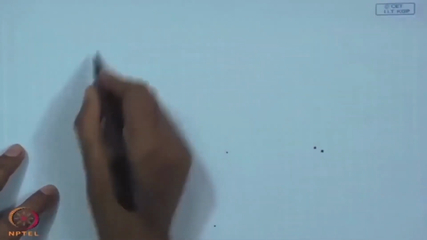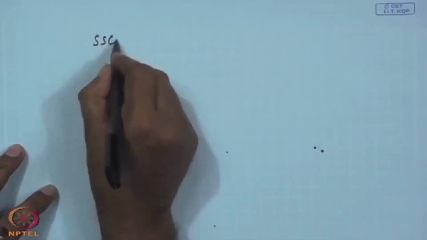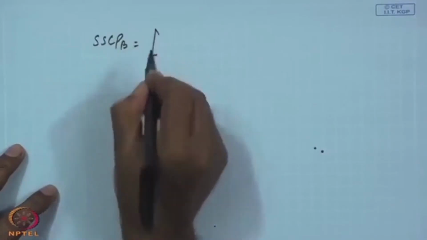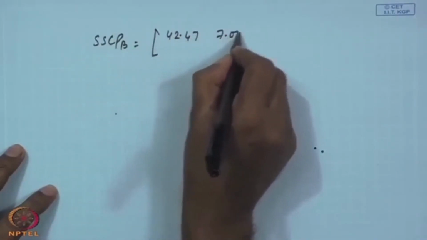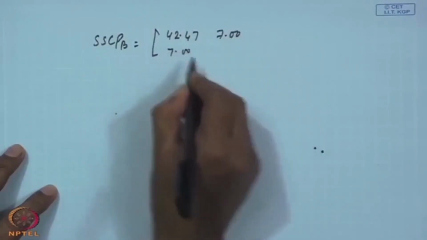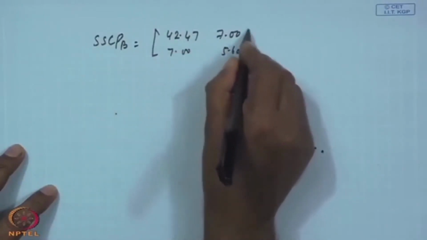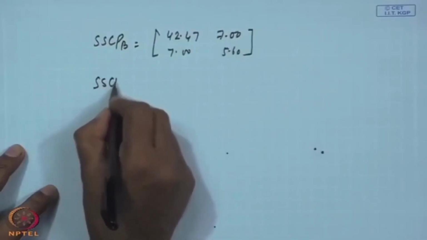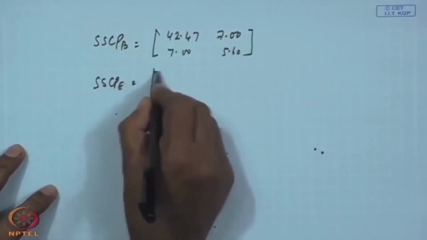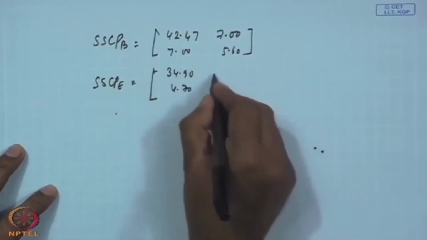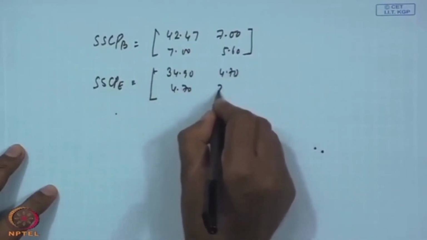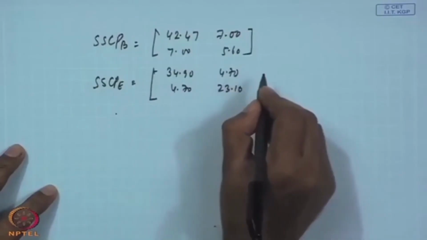So, what do we have now with us? We have the SSCP B matrix, which is 42.47, 7.00, 7.00, 5.60. You have the SSCP error matrix, which is 34.90, 4.70, 4.70, 23.10.